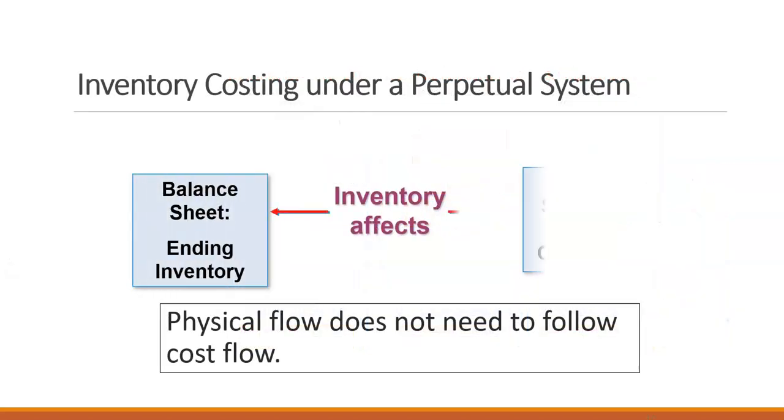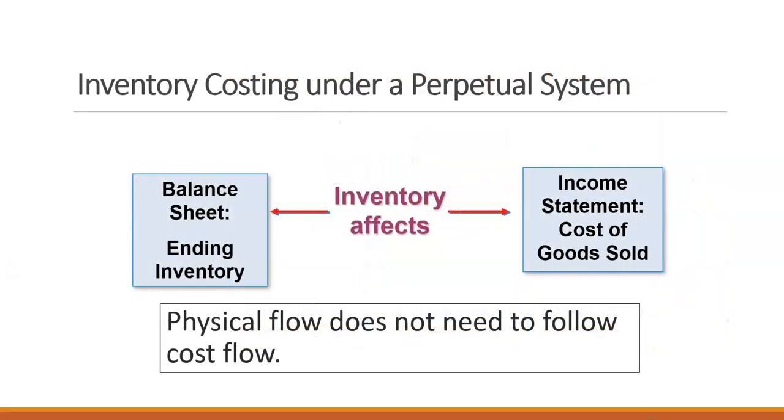Our inventory costing does not mean that's the physical flow of our inventory. So physical flow and cost flow are not the same. When we say we use a last in, first out costing flow, that doesn't mean that we use that for our physical inventory.